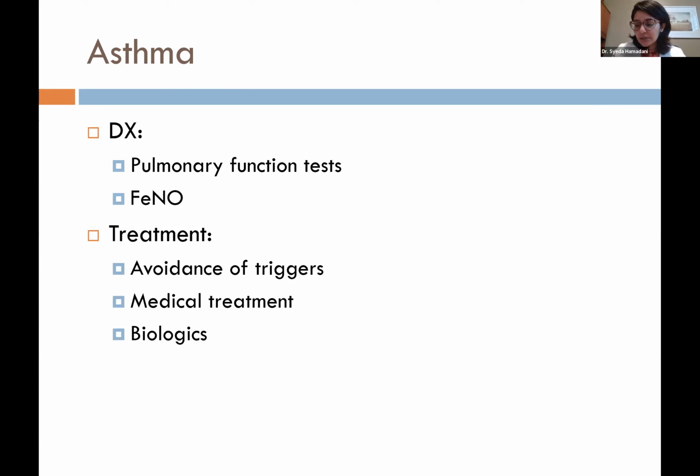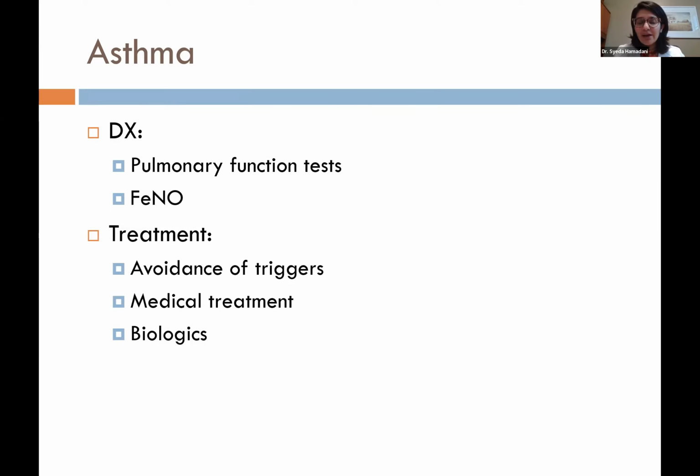There are some side effects that I always ask patients to watch out for, but those are probably our go-to types of medications for asthma. And certainly if they have environmental allergies, allergy shots and medications to control the environmental allergies is really important to discuss as well.